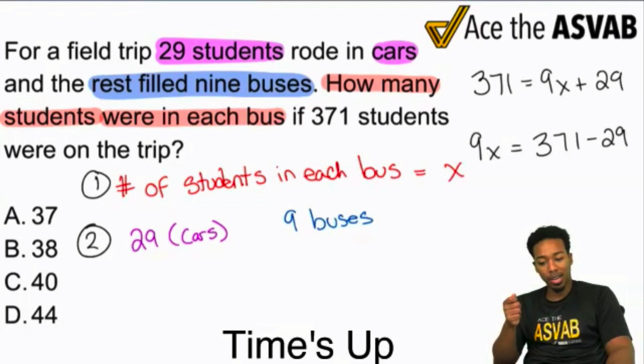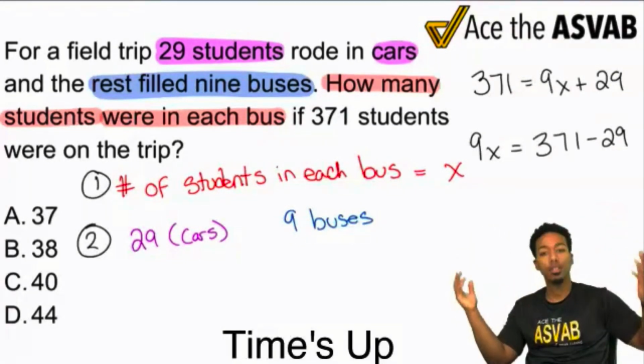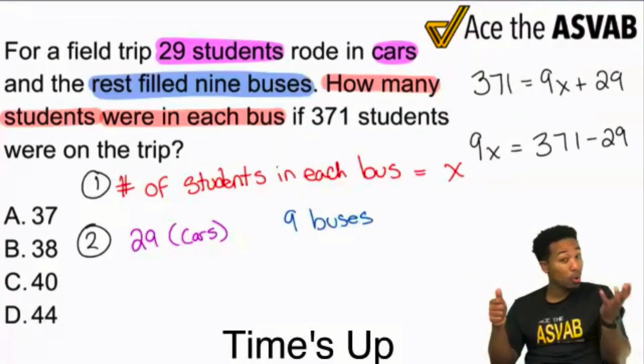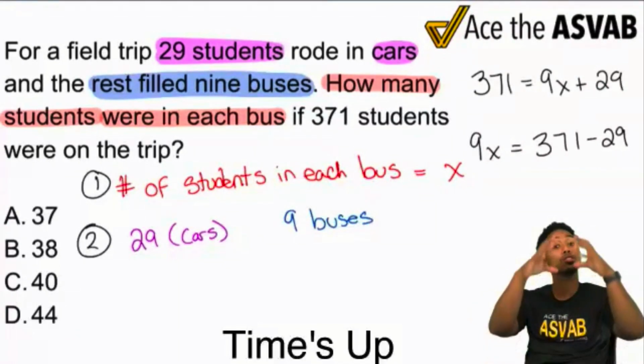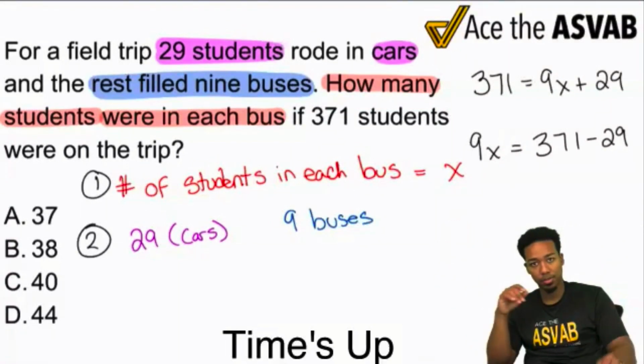We multiply. Remember, when we're working forward to find the total number, that is multiplication. And so 9 buses, we don't know how many were in each bus, but we know that we will multiply those together to get the total students in all the buses.